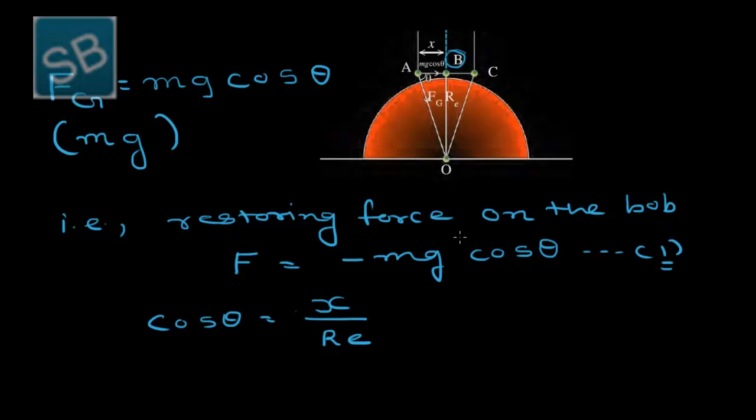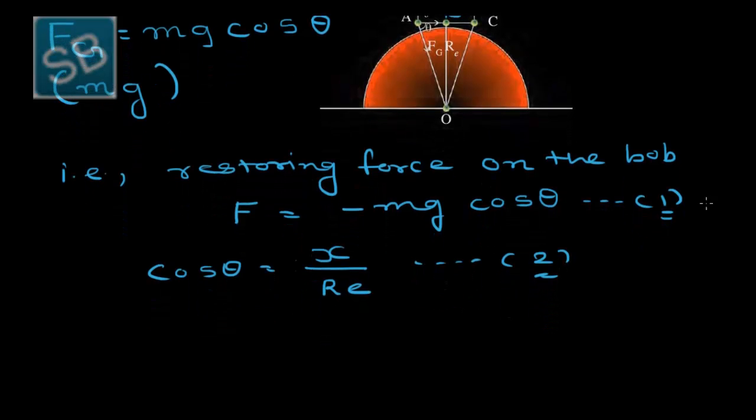But if the bob is close to the surface of the earth, then we can take the distance AO, the distance BO and the distance CO as Re. It is actually the radius of the earth. And here we have considered the motion or path of the bob as a linear one.